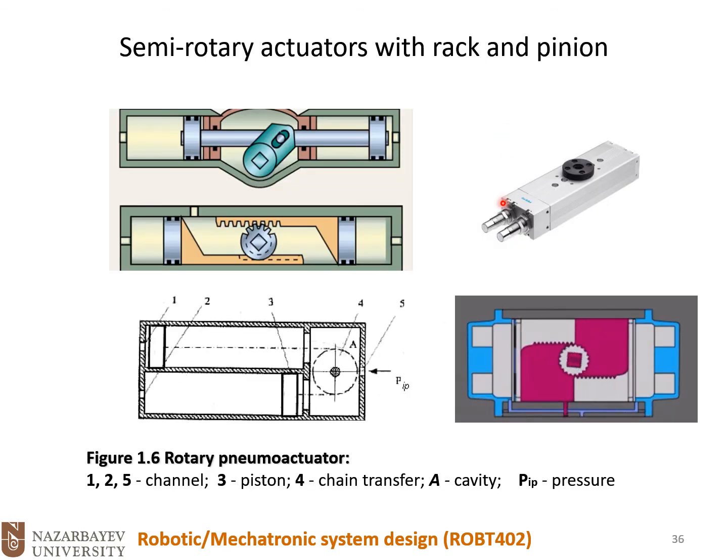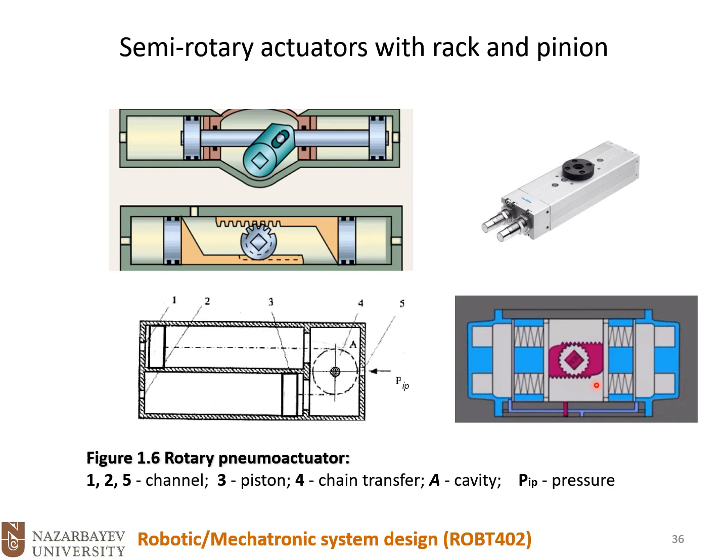So on this slide, I will discuss semi-rotary actuators with rack and pinion. The rack and pinion is used in different combinations based on the internal mechanical structure of these actuators to convert a linear motion of pistons or pneumatic piston to a rotary motion at the rotor or the rack.